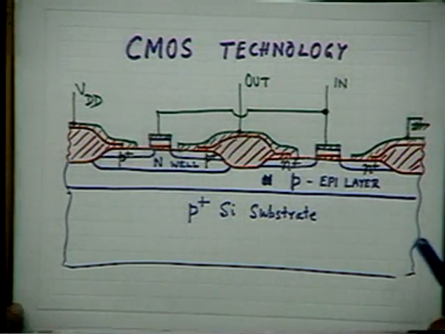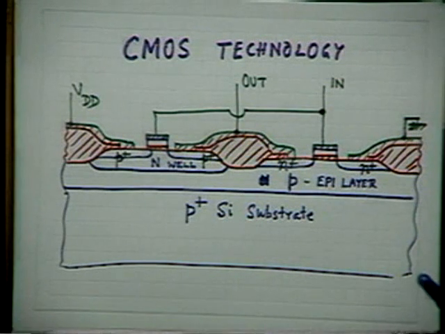So this one is the layout of a typical N-well CMOS.